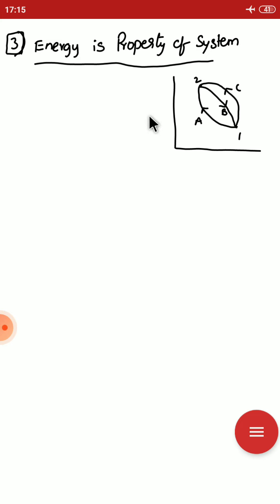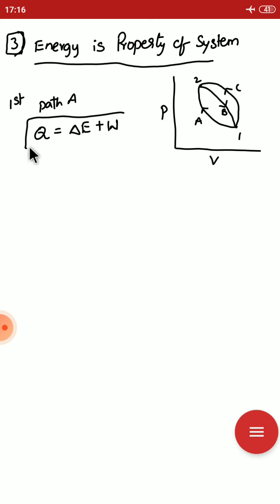Let it be a PV plot. First we apply the first law of thermodynamics for a change of state, for path A. Q equals delta E plus W is the first law of thermodynamics for a change of state.